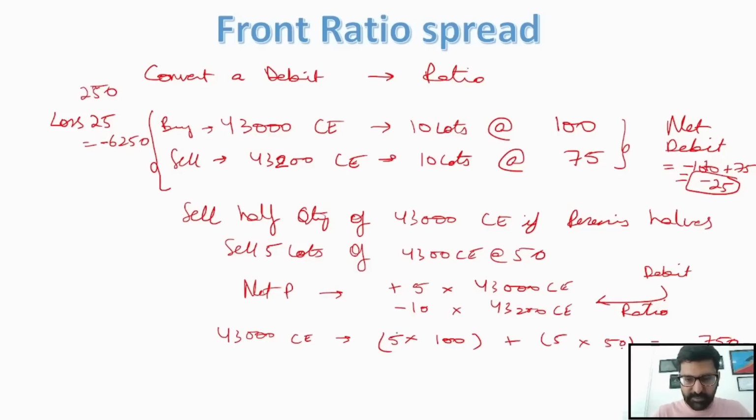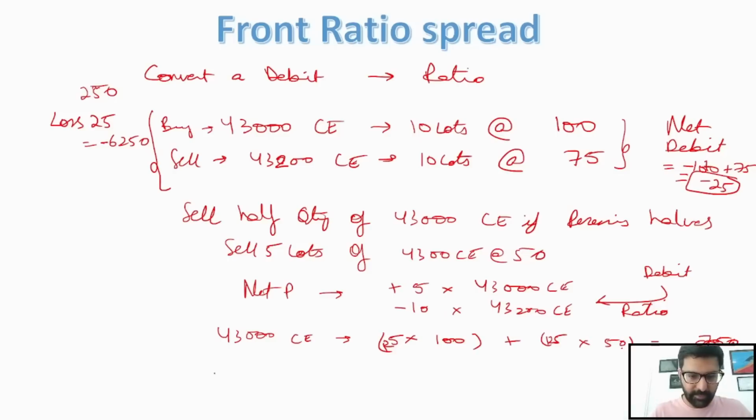So 5 lots is there, so actually this should be 125, if we are considering 25 as the quantity in one lot. So this will basically be minus 125 into 150, okay?